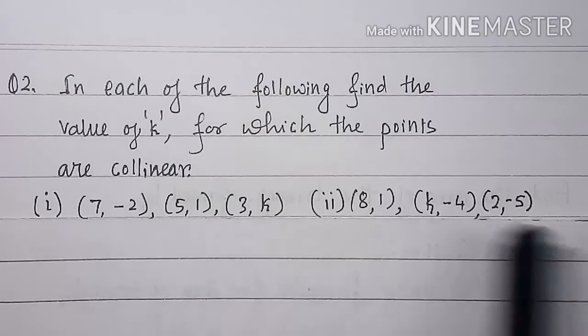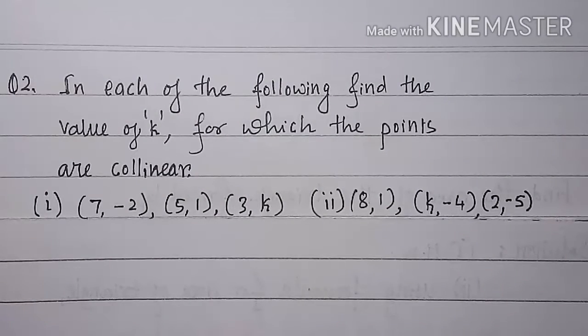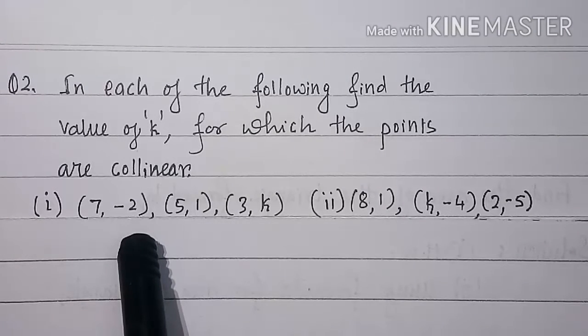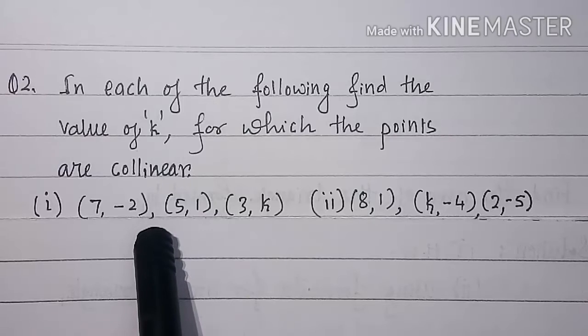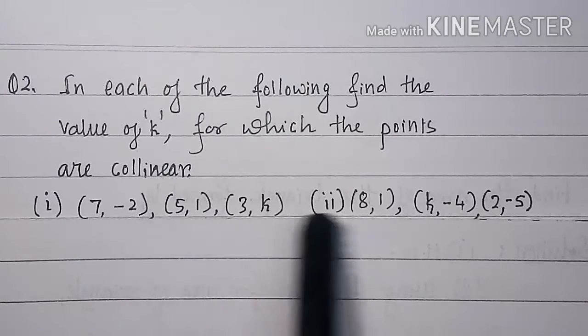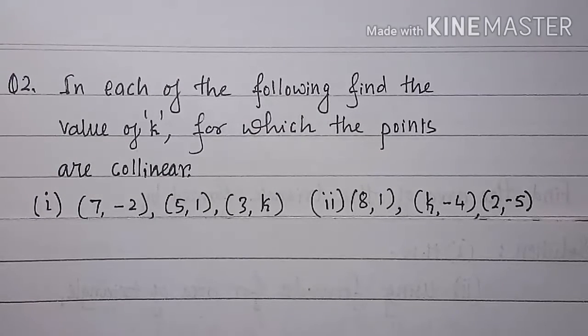To find the value of k in these two questions, what we have to do is equate the area of the triangle formed by these vertices to 0. In this question, again I will solve the second problem. First one you will take as homework.